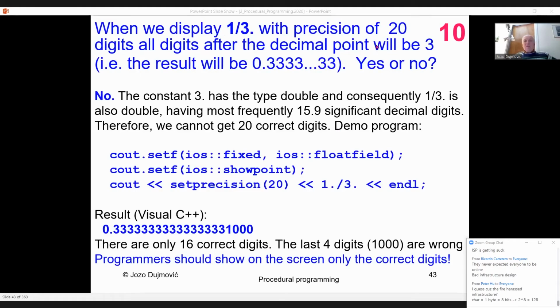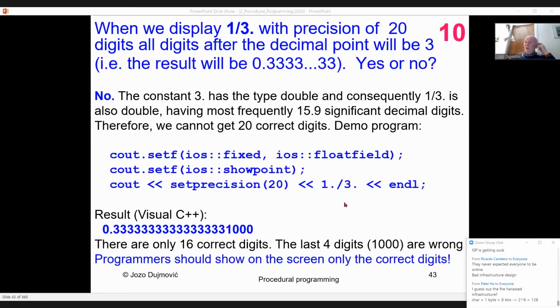The next question is this: when we display 1 over 3 with 20 digits, all digits after the decimal point will be 3. So it is going to be 0.3333, 1 divided by 3. Yes or no? The answer is no, of course. For what reason? Because the constant 3 has the type double, and 1 divided by 3 is also double. So it has 16 significant decimal digits.